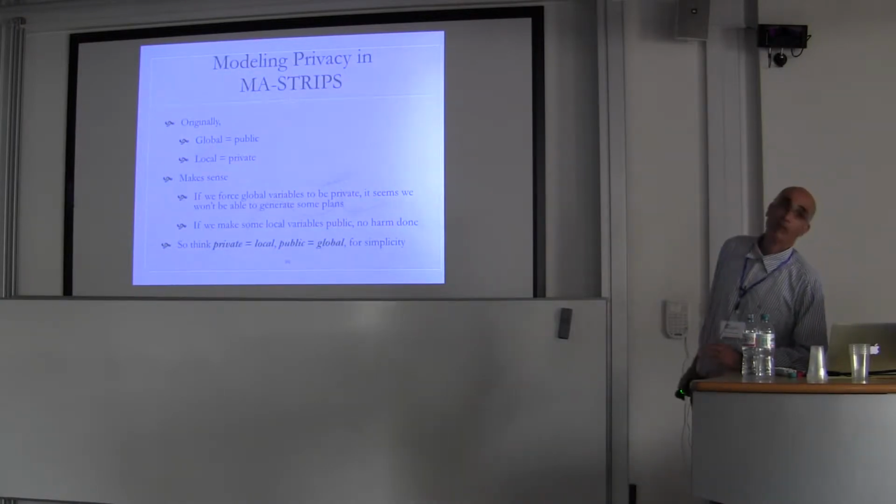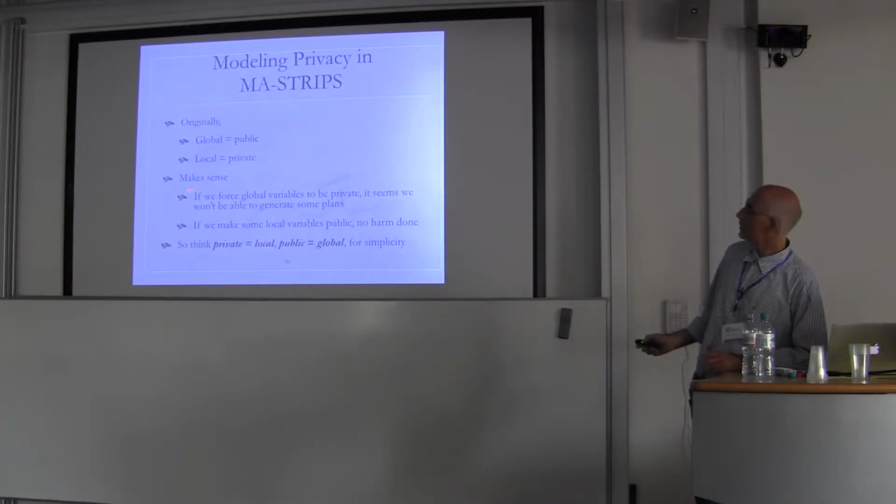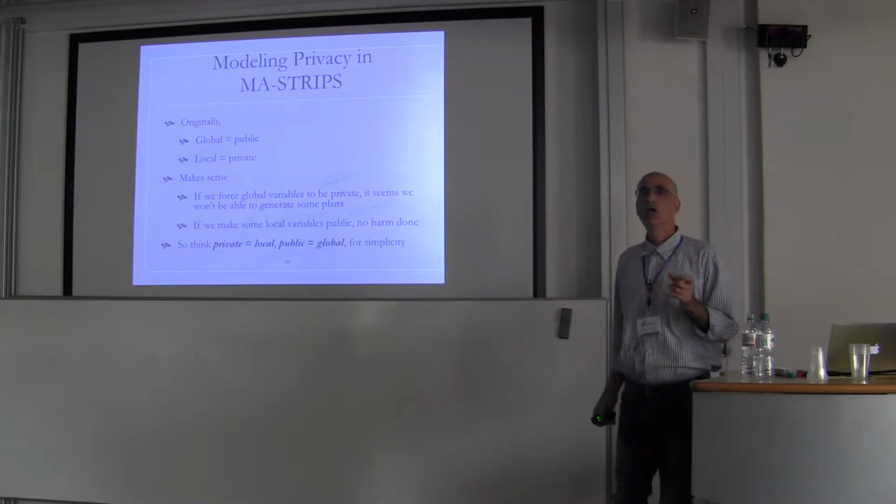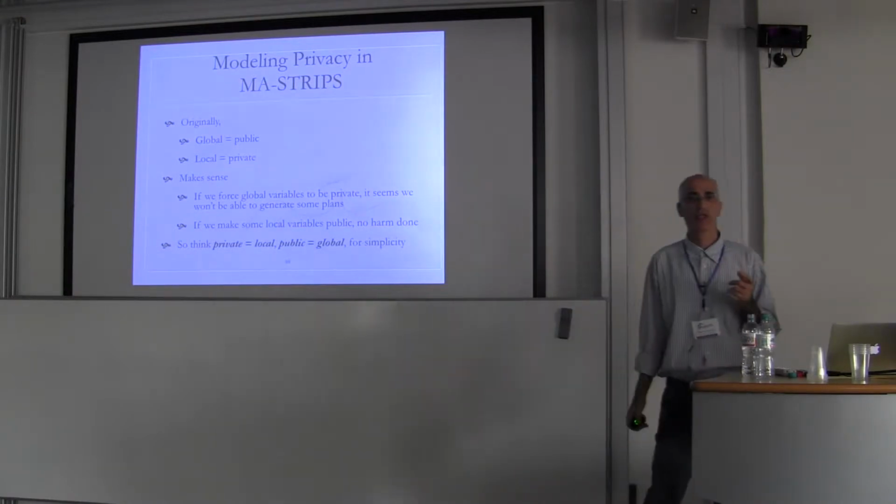So first of all, modeling privacy in multi-agent STRIPS. We're going to make it very simple, because originally this is what it was. Global was called public, and local was called private. Okay? So this makes a lot of sense. If we force global variables to be private, remember a global variable is one that appears in the description of multiple agents' actions.